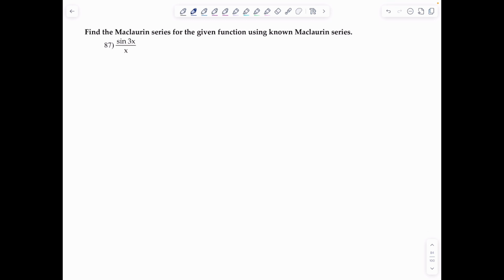Find the Maclaurin series for the given function using known Maclaurin series. Again, this starting off point is going to involve sine of x. So let me remind you, sine of x is the sum, n equals 0 to infinity, negative 1 to the n, x to the 2n plus 1 over 2n plus 1 factorial. So what's different? Notice we have sine of 3x in the function, not sine of x. So I'm going to come in and replace x with 3x in the sum.